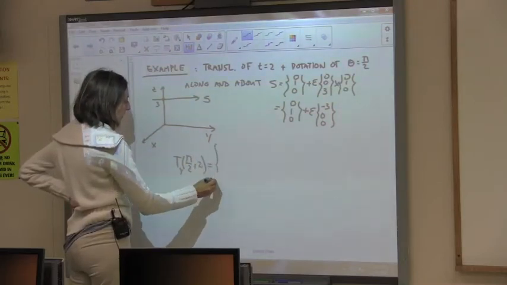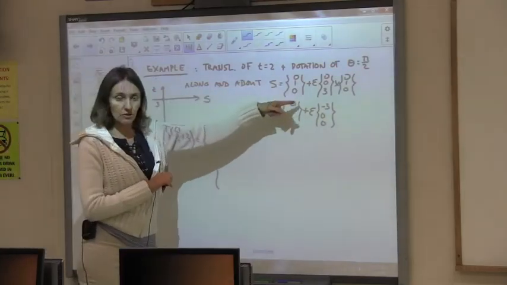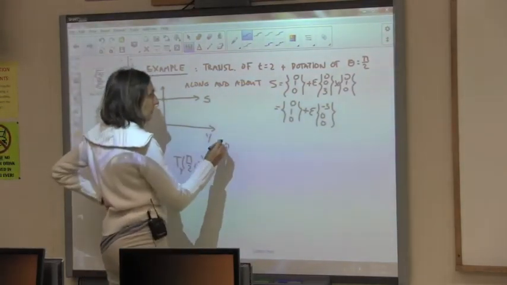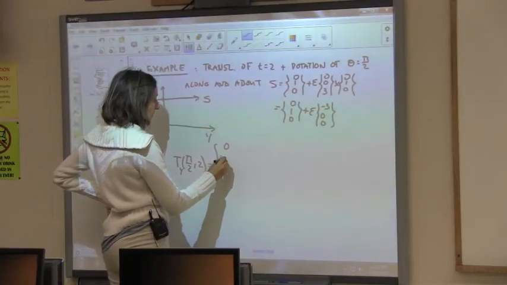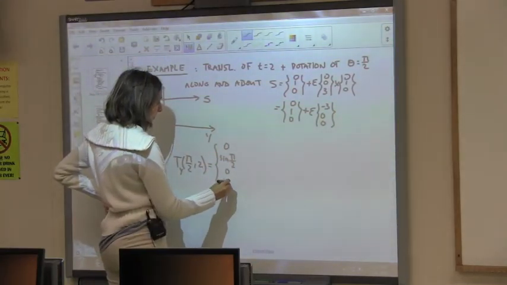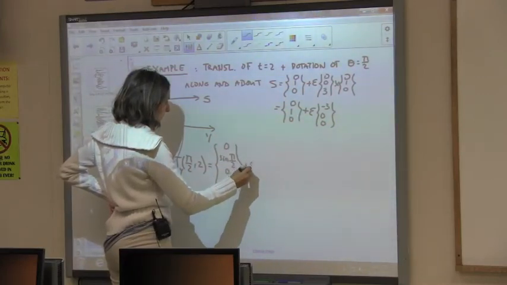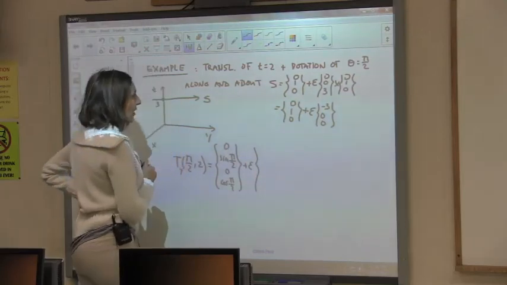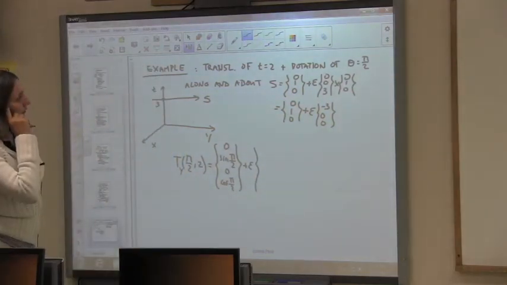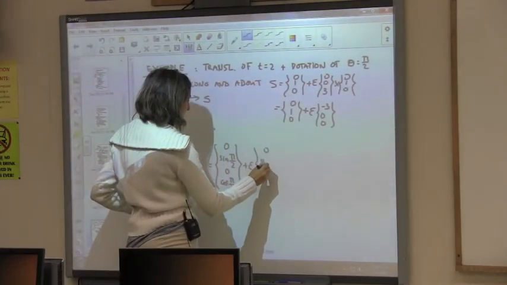Now we take that. We had sine of the angle times the direction, so 0, sine of pi over 2, 0, cosine pi over 2, plus epsilon. We had the sine of the angle times s, so again the same thing, 0, sine pi over 2.